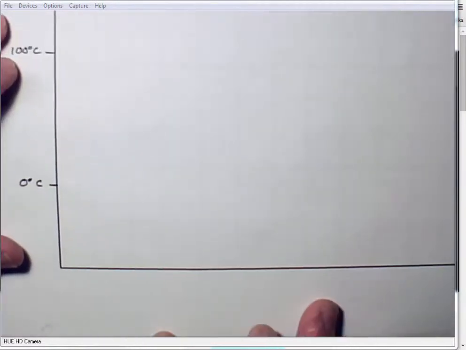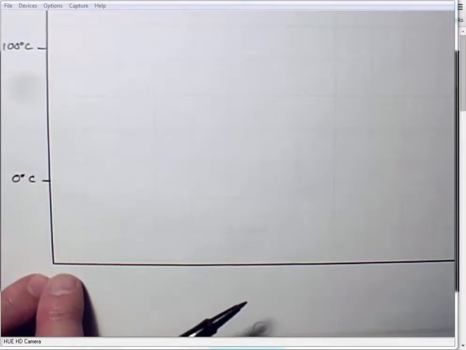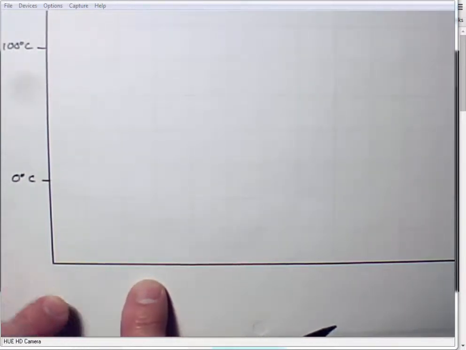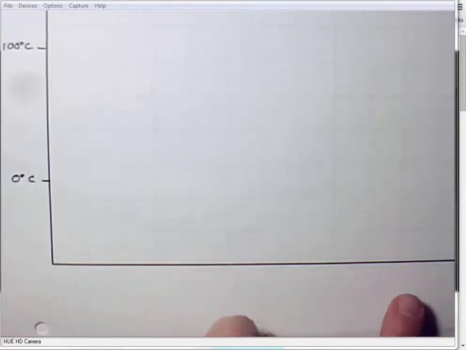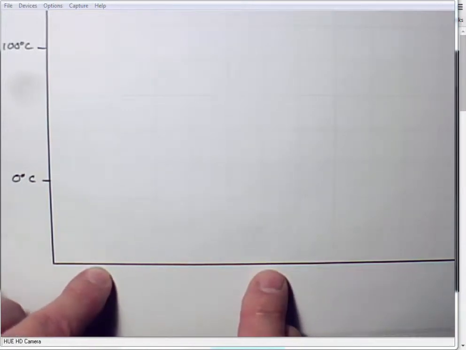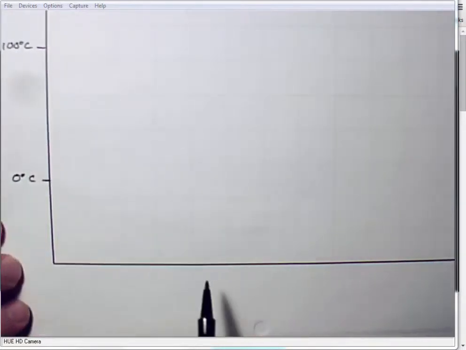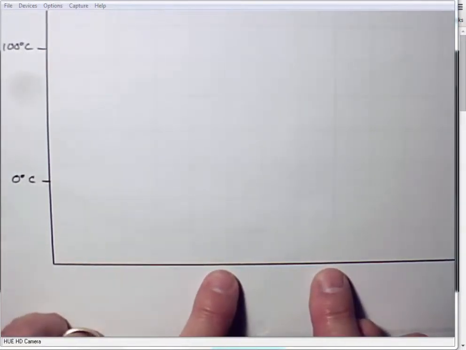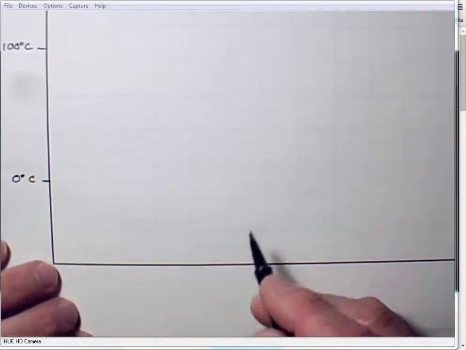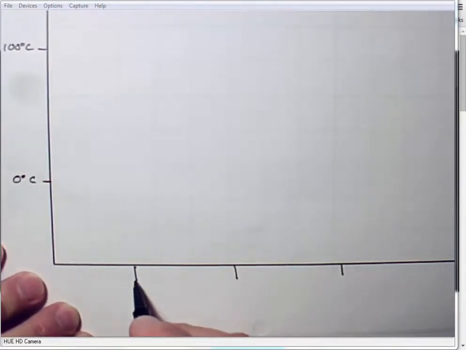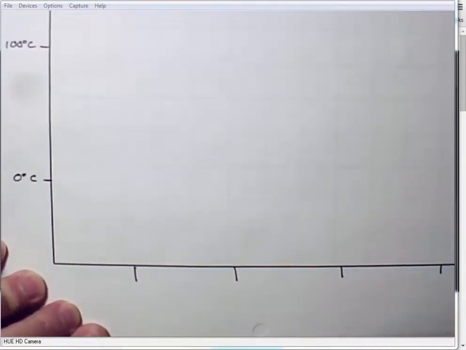Now, we're going to be looking at what happens when we have ice, liquid water, and steam. But in between ice and liquid water, what's happening? You've got to melt it. So somewhere in the middle is liquid water, it doesn't matter exactly where, somewhere over here has got to be ice, and somewhere up here has to be steam.